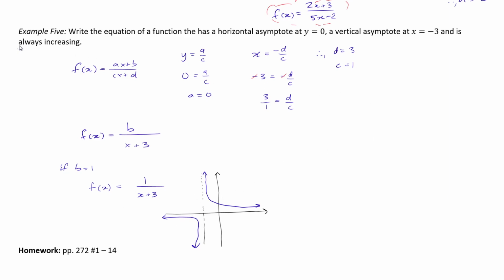However, take a look. It says that this has to be always increasing. And if we look at this, the function is strictly decreasing. So what would I have to do to be able to get this to be strictly increasing? Well, if you said that you have to reflect it in the x-axis, you'd be right. So I have to reflect this in the x-axis so that it is always increasing.